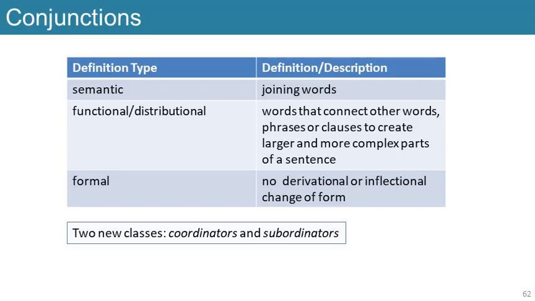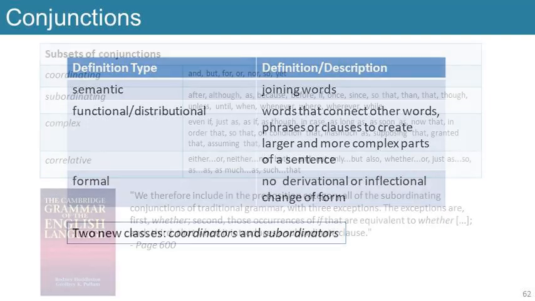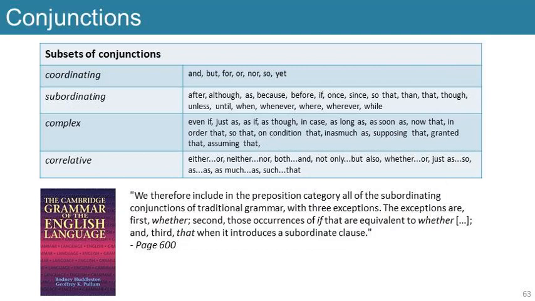Some modern grammarians claim that there is a case for splitting the conjunction class into two new classes, coordinators and subordinators. The major subsets of the conjunction class are the subsets that modern grammarians say are better understood as two different classes, namely coordinating conjunctions, coordinators, and subordinating conjunctions, subordinators.